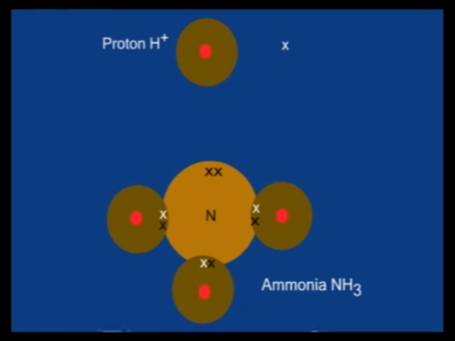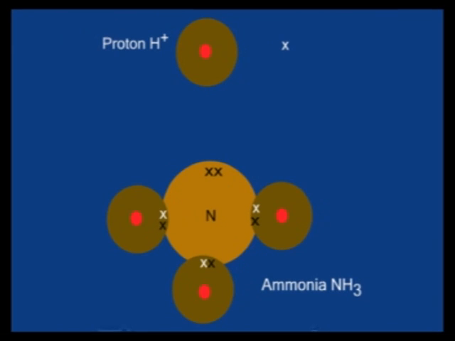Now, consider a reaction between the hydrogen ion and ammonia molecule. The hydrogen now needs 2 electrons to be stable. It can get them in a sharing deal. But wait, the hydrogen ion has no electrons to share with the ammonia molecule.